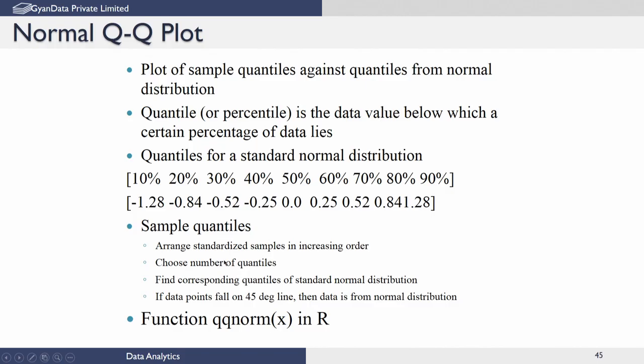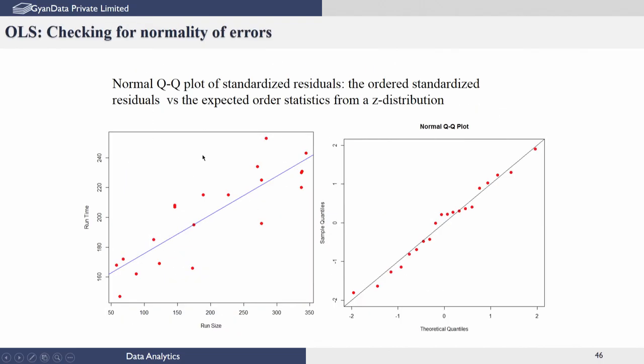So, we have seen this before, I have just recapped it, and we can use what is called the qqnorm function in R to actually do it. If you give the data set x and ask it to do a probability plot, qqnorm will do this for you directly in R. This is a sample QQ plot I have taken for some arbitrary random data set, samples drawn from the standard normal distribution.